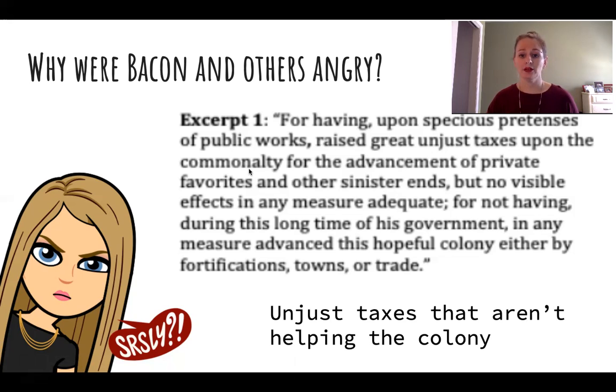What they're upset about is that these taxes were being raised, but the money was being given to the people that they liked, and wasn't being given back to the colony to help create the towns, facilitate trade, and build buildings that they needed. So they're raising all these taxes, but in the end, they're not actually helping the colony out. That's reason number one that they're angry.